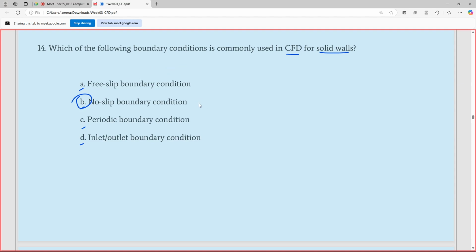If it is a no slip boundary condition, assume a flow field where flow is happening in the xy direction. In the no slip boundary condition, Vx becomes 0. Suppose this is the inlet flow velocity.